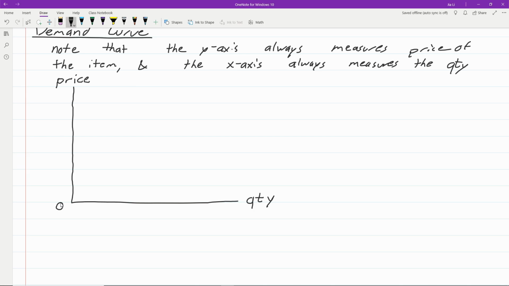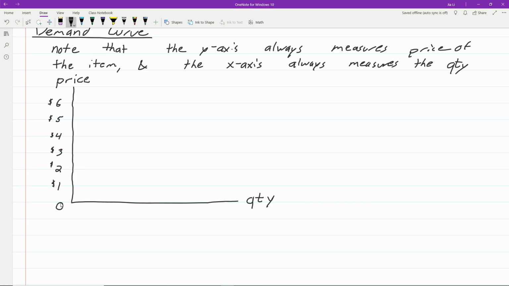Starting, of course, at the origin with 0, and then it goes up to 2, and then 3, 4, 5, and 6.